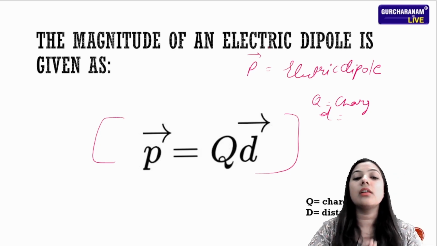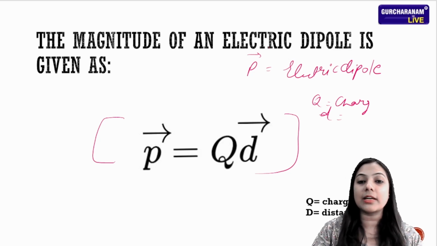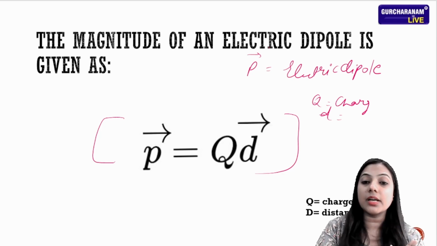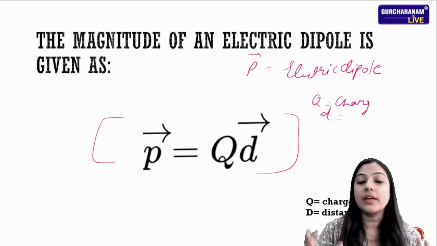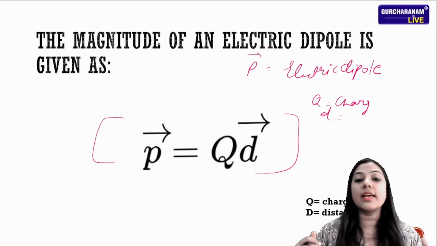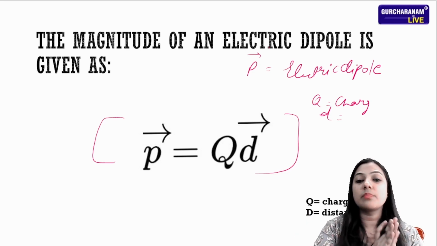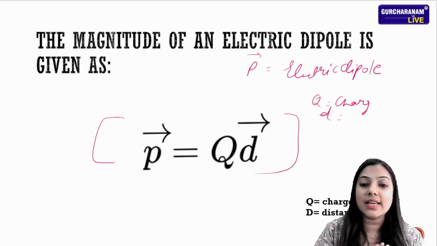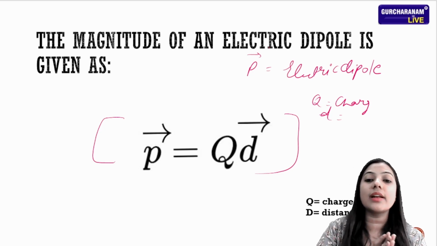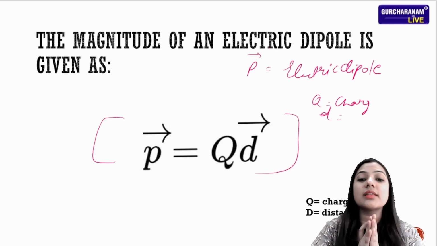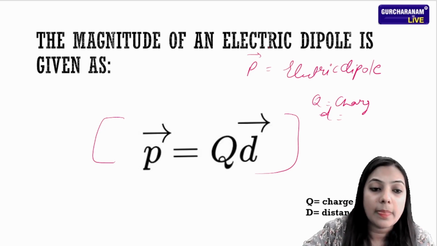The p vector and d vector denote that the direction of electric dipole and the direction of distance are always the same.